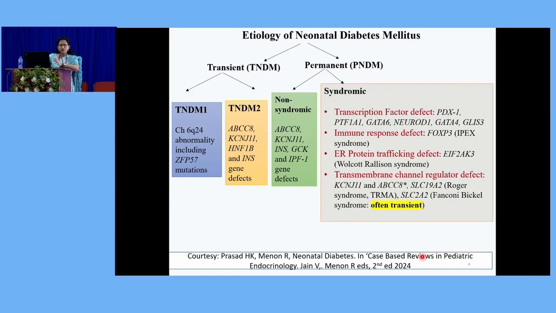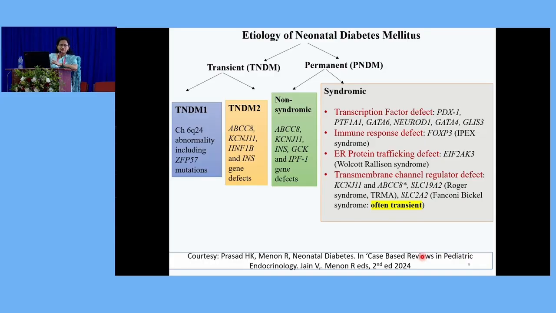Permanent can be non-syndromic or syndromic. In non-syndromic, most important are your potassium channel genes. Then you have insulin, GCK and IPF1. And in syndromic, you have either the transcription factor defects. Remember, as I said, transcription factors typically affect more than one organ and therefore cause syndromic presentation. Then immune response defect, FOXP3, which causes the IPEX syndrome. Then endoplasmic reticulum protein trafficking defect, in which IF2AK3 is very important, and then transmembrane channel regulator defect.